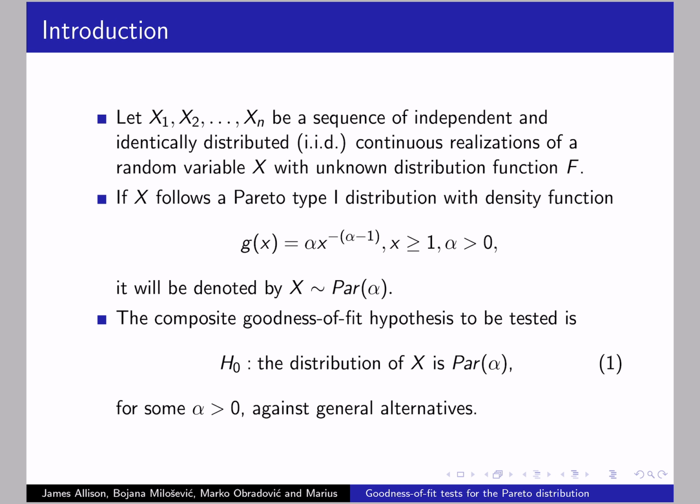Now the composite goodness of fit hypothesis to be tested is that the distribution of X is Pareto for some alpha greater than 0 against general alternatives. And this hypothesis we will denote by (1).